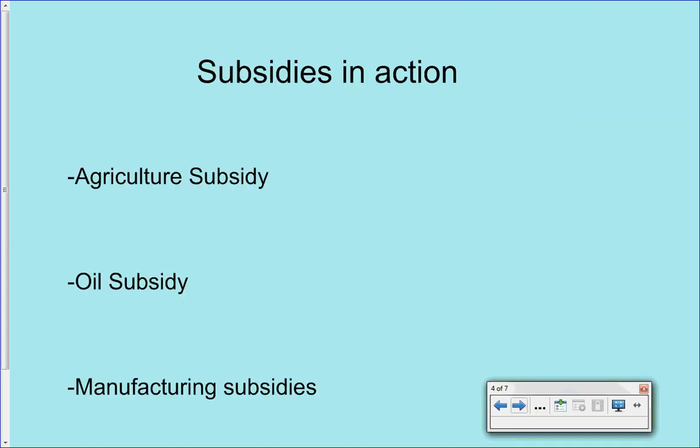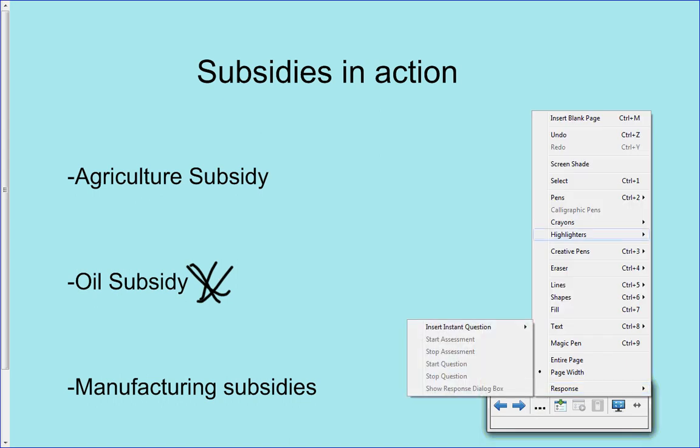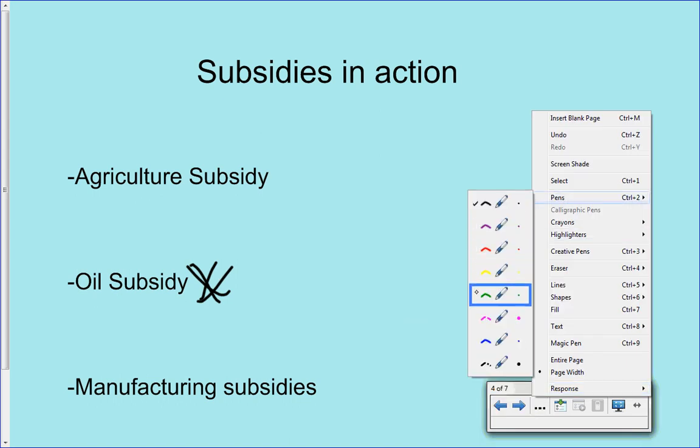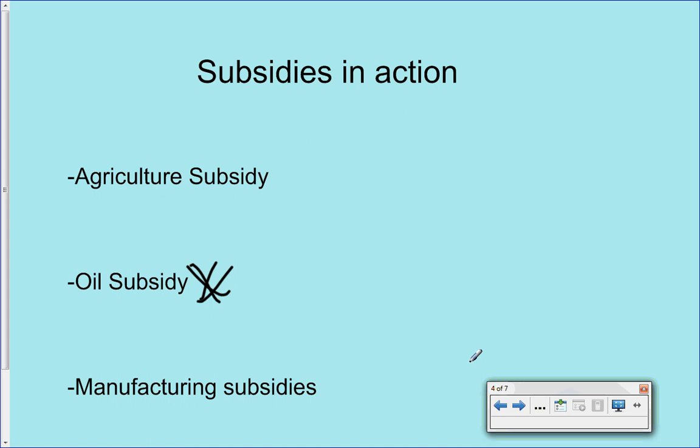What do subsidies look like in action? There are three really popular subsidies. One of them I already talked about, and that's this oil subsidy, where oil companies are paid money to keep gas affordable for us consumers.